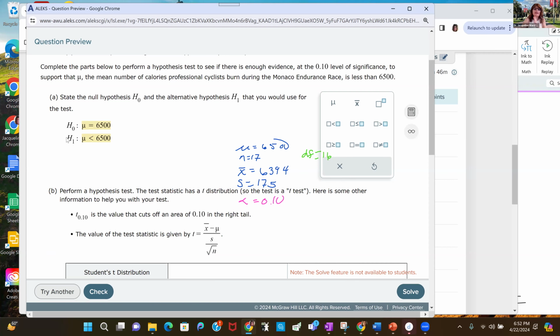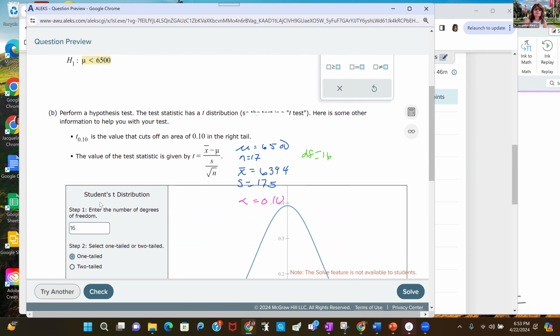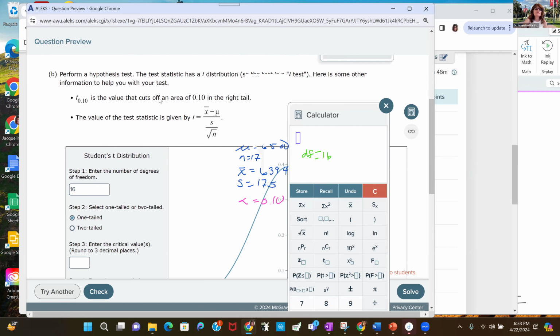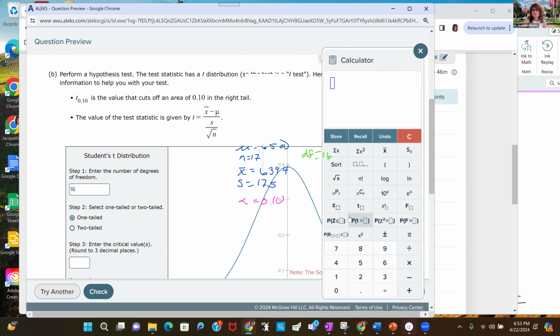So we want that area in the left tail. We can do the inverse t of 0.10. That gives us the area in the right tail, but we want the left tail, so you could put a negative in front. There's 16 degrees of freedom.